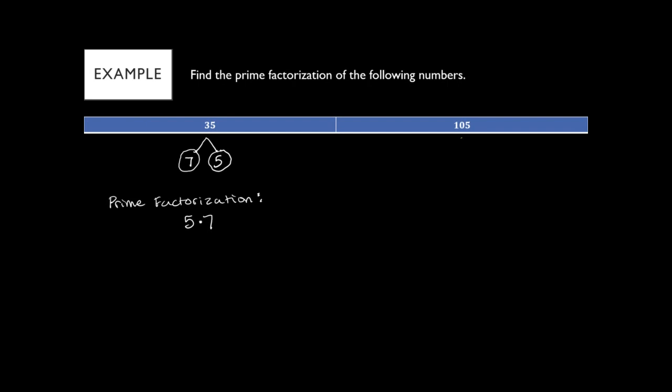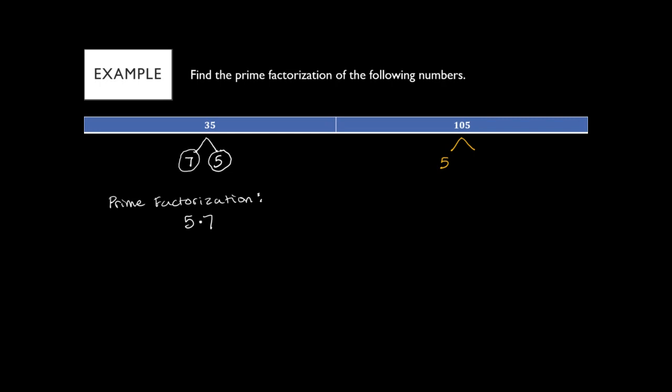So let's take 105. Immediately you probably don't know what numbers multiply to 105. But if your number ends in a 0 or a 5, 5 always goes into that number. So because the last digit is 5, I know I can divide 5 into this number.